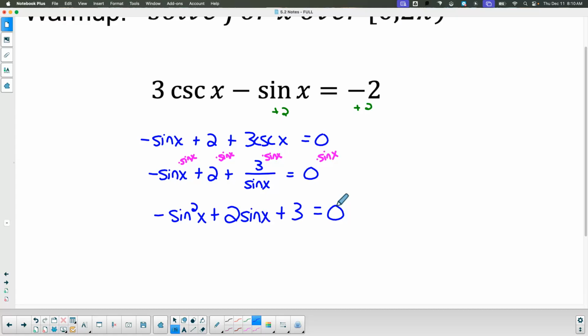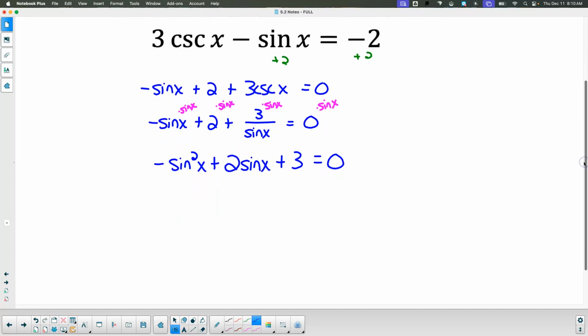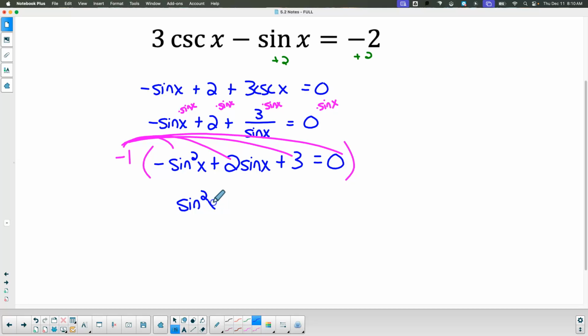Okay? Me, personally, I'm going to multiply the whole equation through now by negative 1. Because then that's going to give me positive sine squared of x minus 2 sine of x minus 3 equals 0.